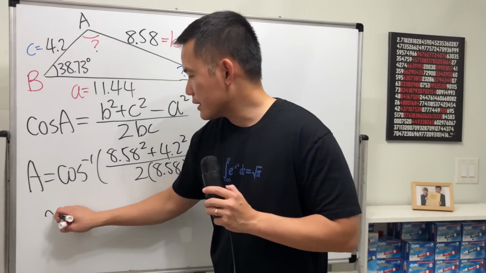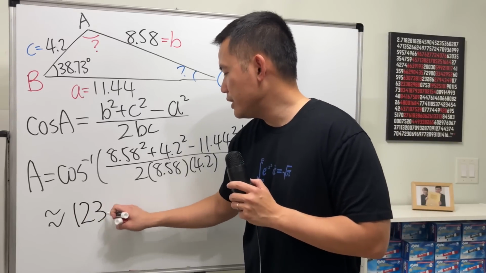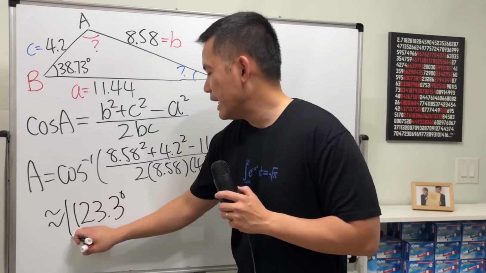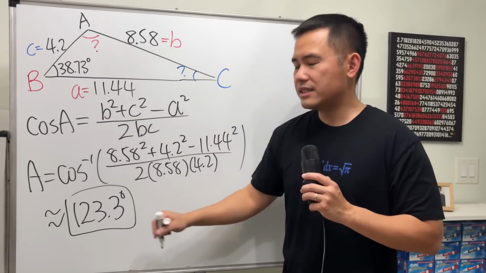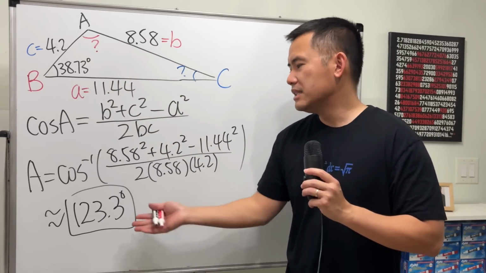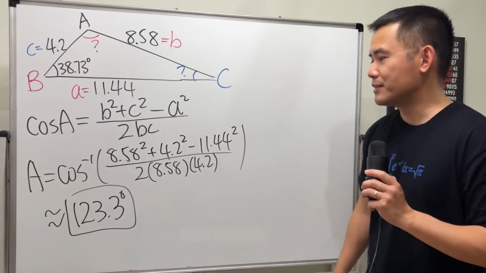And now, if you use a calculator, you'll get the answer, approximately 123.3 degrees. And again, it's just because of the rounding from the question itself. That's why the last digit is a little bit off, but it's okay. This is totally an acceptable answer, assuming that you have provided all the steps.